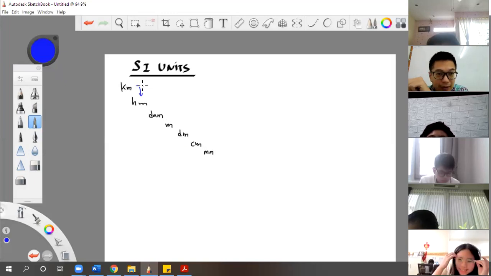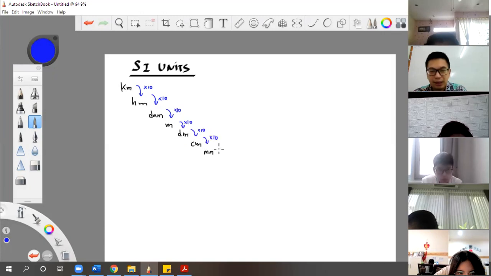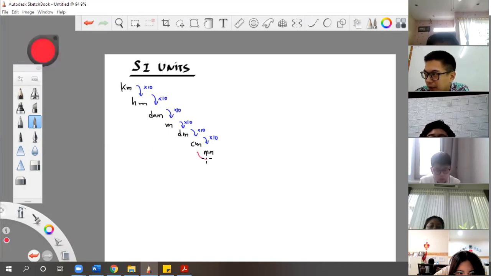Okay, going down means the unit is getting smaller, but the number is getting bigger. So you multiply by 10, multiply by 10, and so on, until millimeter. This is the simple SI unit. But if you are going up, you have to divide by 10, divide by 10, divide by 10.